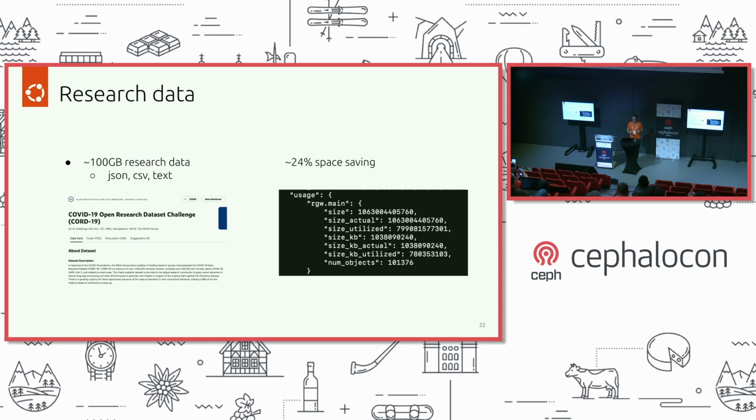That data set is a bunch of JSON, CSV and textual data, and there are pretty good savings there. A 24% saving in a storage system is pretty significant. So keep scaling that up. It's super positive.